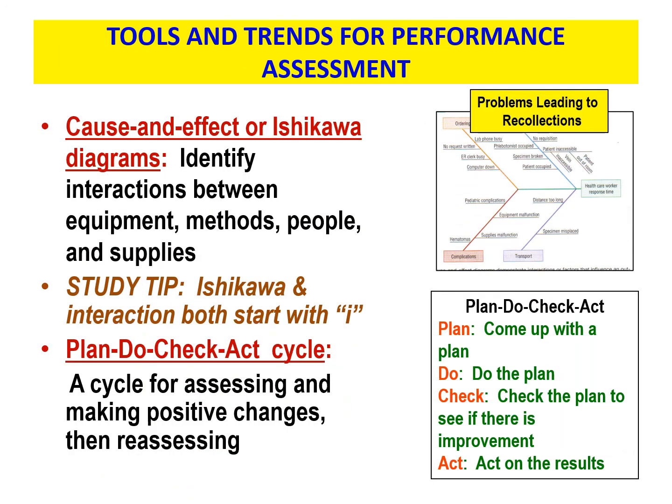Okay, guys, we're talking about tools and trends for performance assessment. We need to assess people's performance, okay? It's just like if we're tracking, because if these patients have hematomas, we should be filling out an incident report. So we should be tracking any of these.